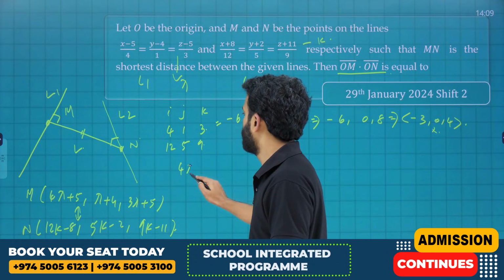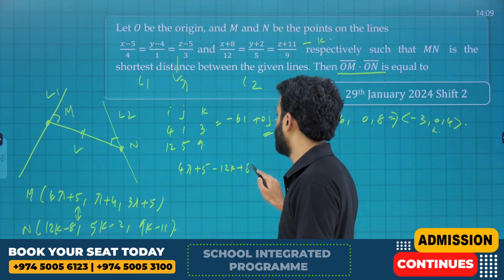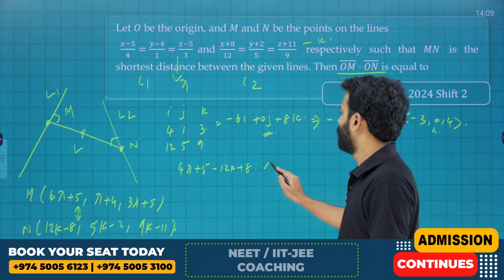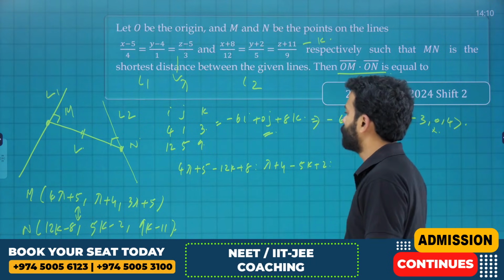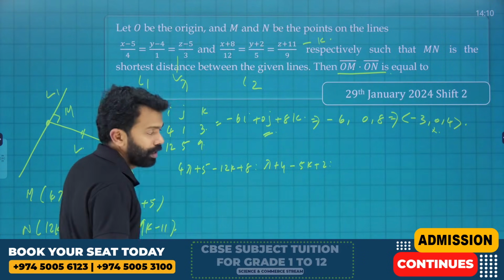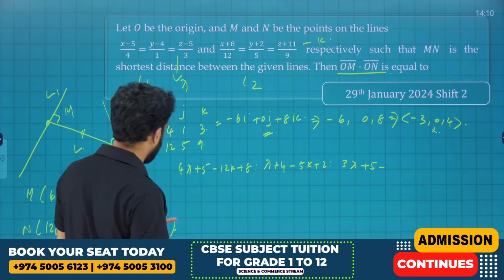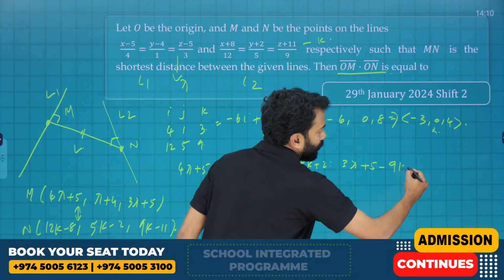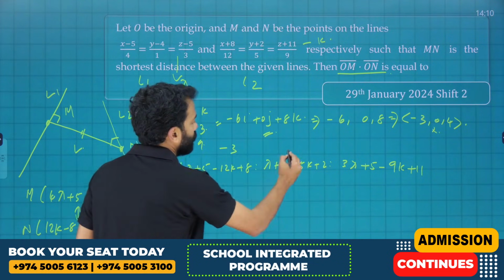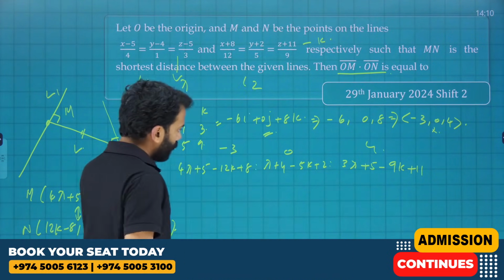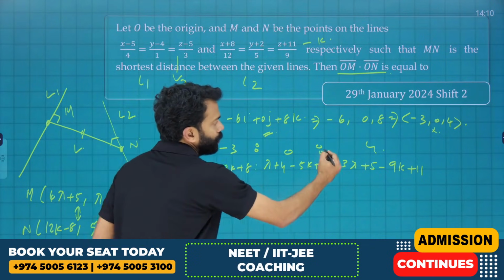That is 4 lambda plus 5 minus 2k plus 8 is to lambda plus 4 minus 5k plus 2 is to 3 lambda plus 5 minus 9k plus 11, that is minus 3 is to 0 is to 4.